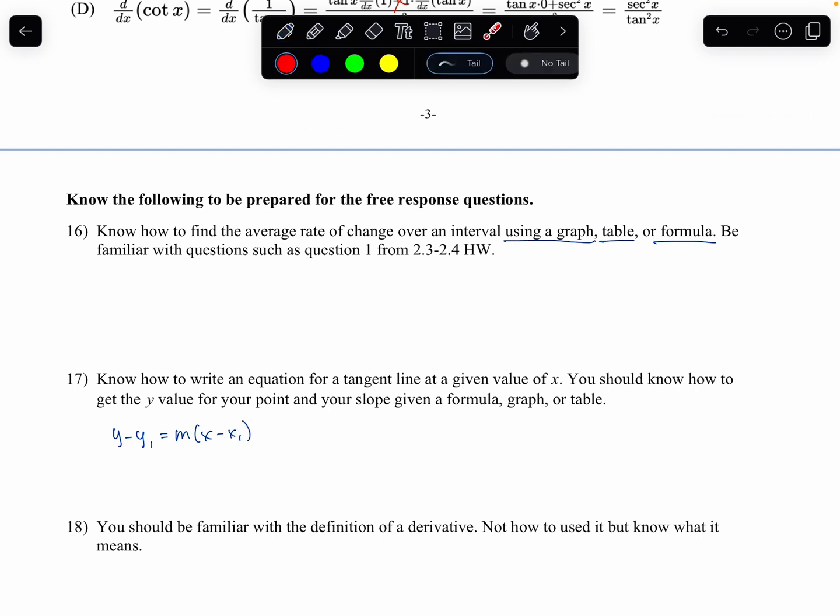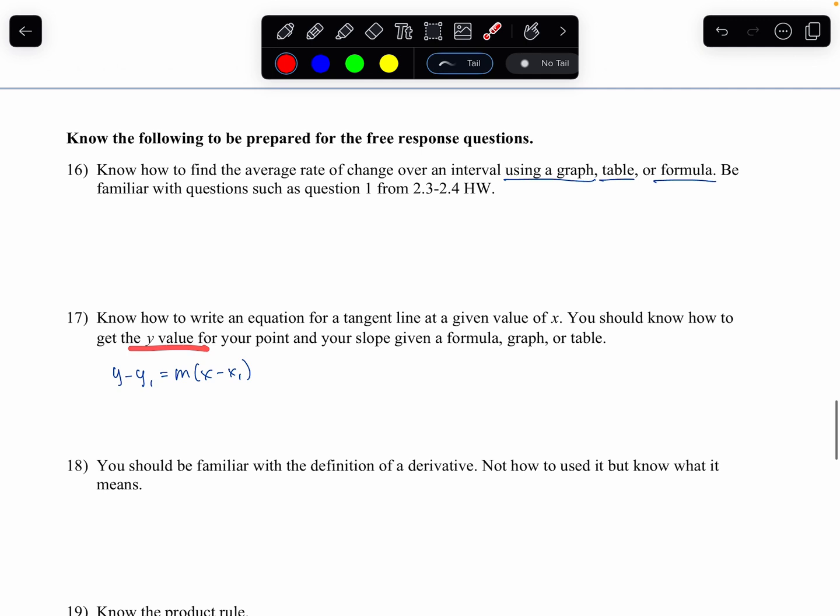If the point is not explicitly given to you, to get a tangent line, you pretty much always have to at least start with the x value. So whenever you're on the AP exam, if you're finding an equation for a tangent line, at the very least you'll have an x value, if not the point x and y. But if you have the x value, you should be able to get the y value.